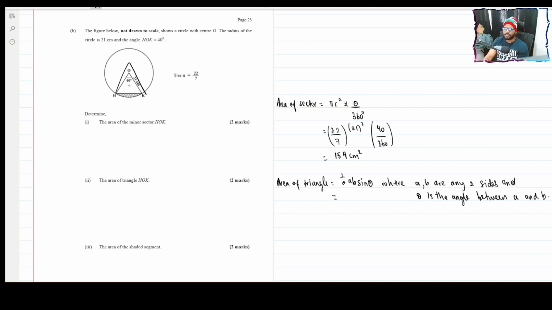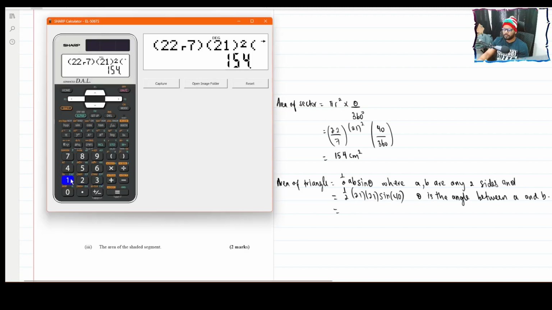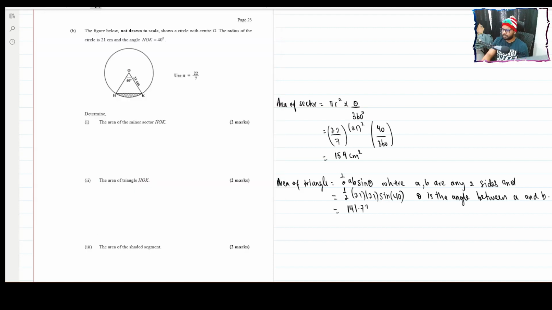These two sides here, and the angle between those two sides is 40. So we're going to have 1/2 times 21 by 21 sine of 40, and this will give us the area of the triangle. 1/2 21 21 sine 40, 141.735 centimeters squared to 3 decimal places.